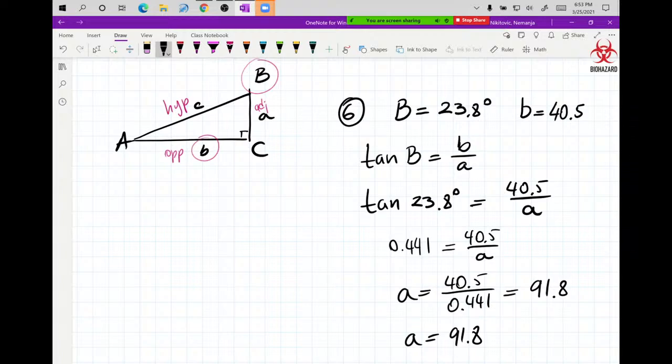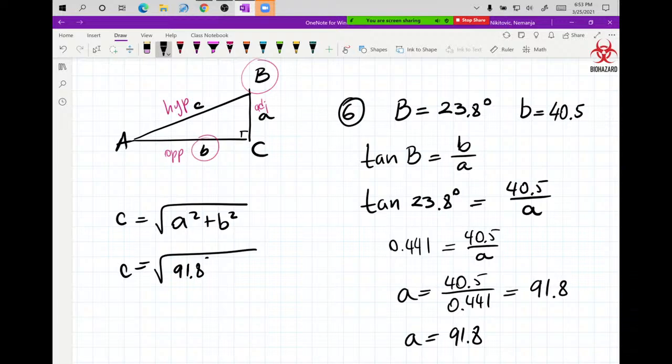Well, we can use the Pythagorean theorem to figure out C. Okay, let's use the Pythagorean theorem. C, as the longest side, is the square root of A squared plus B squared. So that's 91.8 squared plus 40.5 squared. And 91.8 squared plus 40.5 squared is 10,067.5.